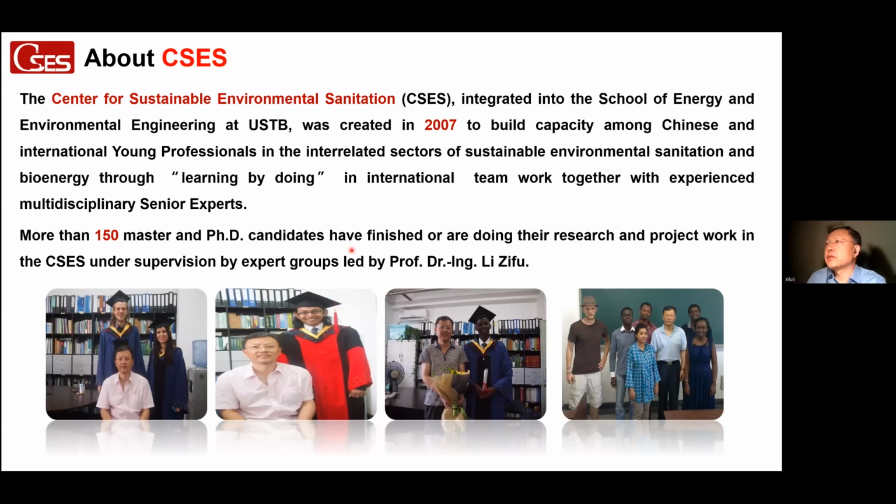We also have experienced multidisciplinary senior experts. And until now, more than 150 master and PhD candidates have finished or are doing their research and project work in our center.